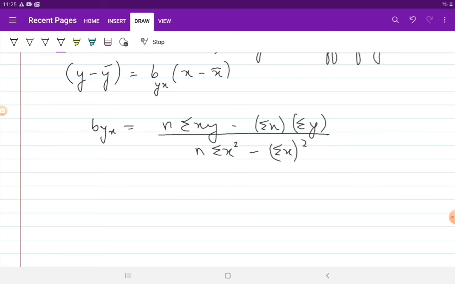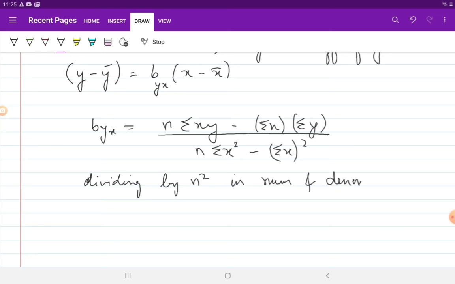Now if you divide the numerator and the denominator by n square, okay, dividing by n square in both numerator and denominator.